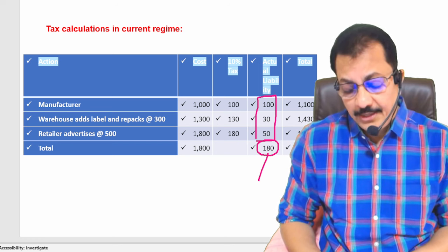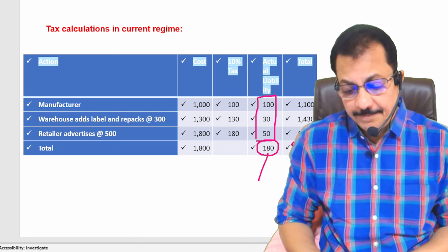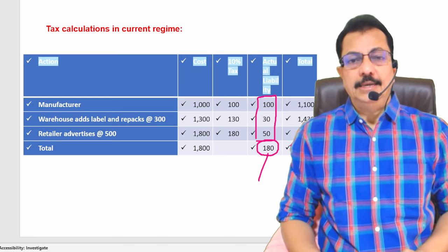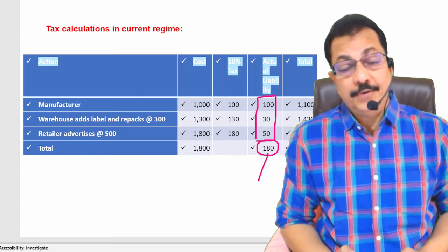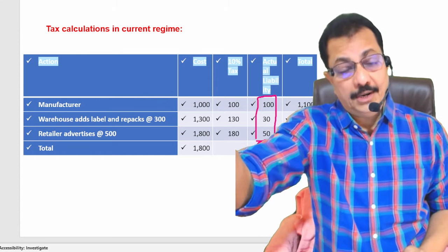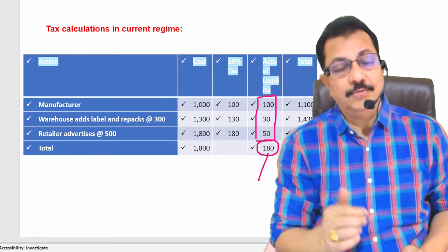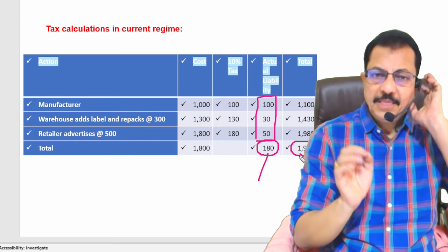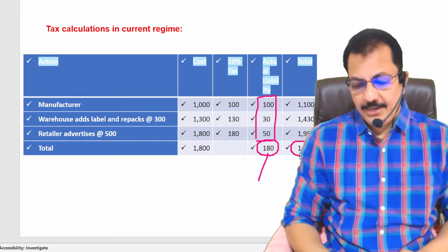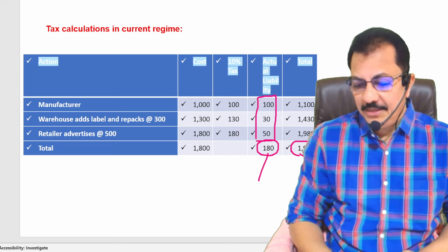And finally, a consumer is getting the product at the rate of 1980, instead of getting at the rate of 2200. Look at the value of the commodity. So the people are getting it at cheaper prices. Am I clear? Very, very important one.